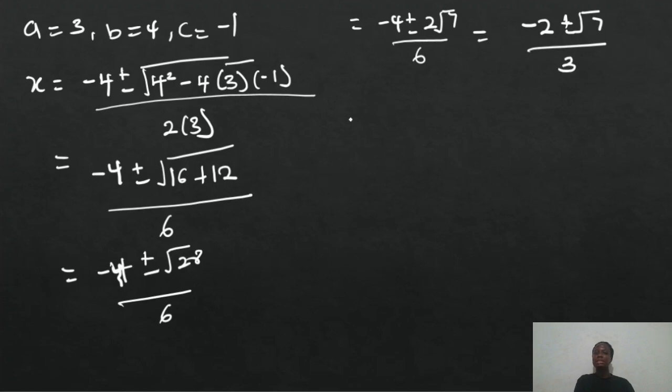So it means that we get two values of x: one is -2 plus root 7 on 3, and the other is -2 minus root 7 on 3.